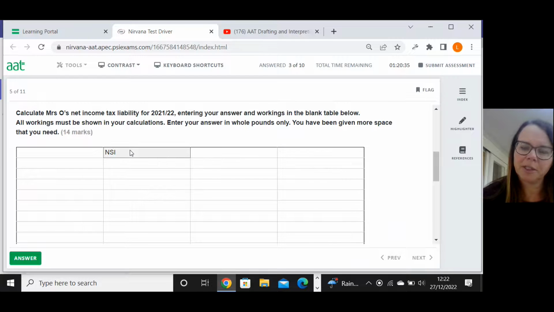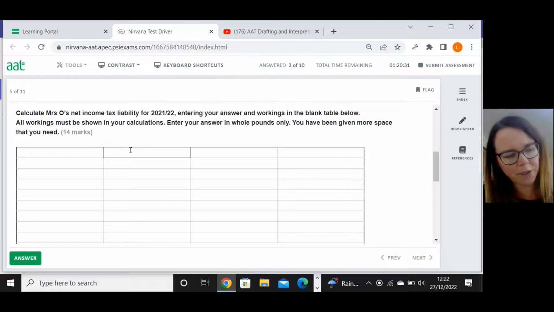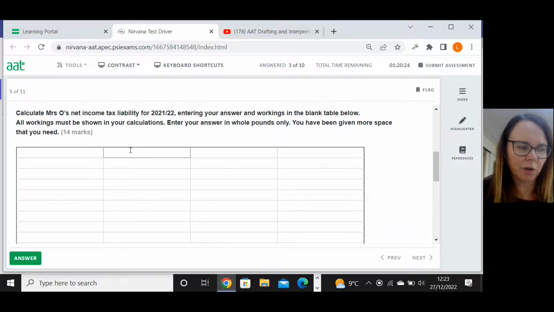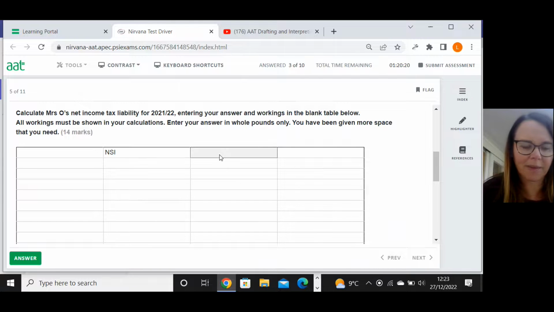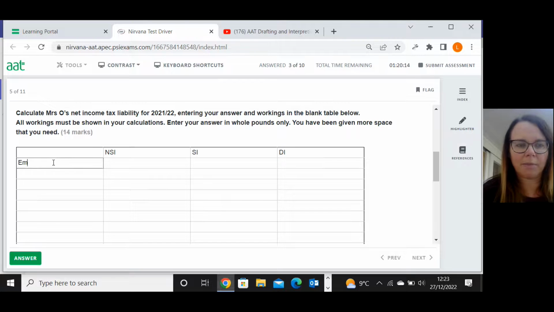So I'm going to show you what I recommend doing. On a rough piece of paper, I would jot down, I'll do it on here for now, NSI, SIDI, and I would have my employment income.